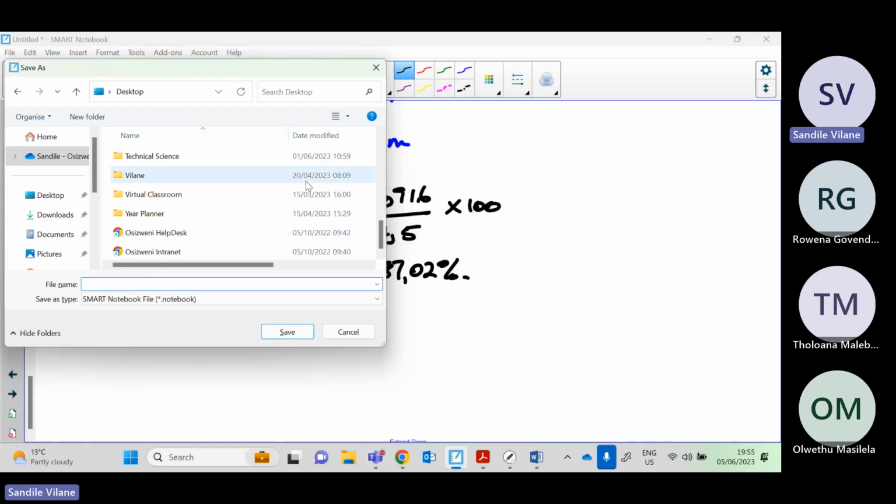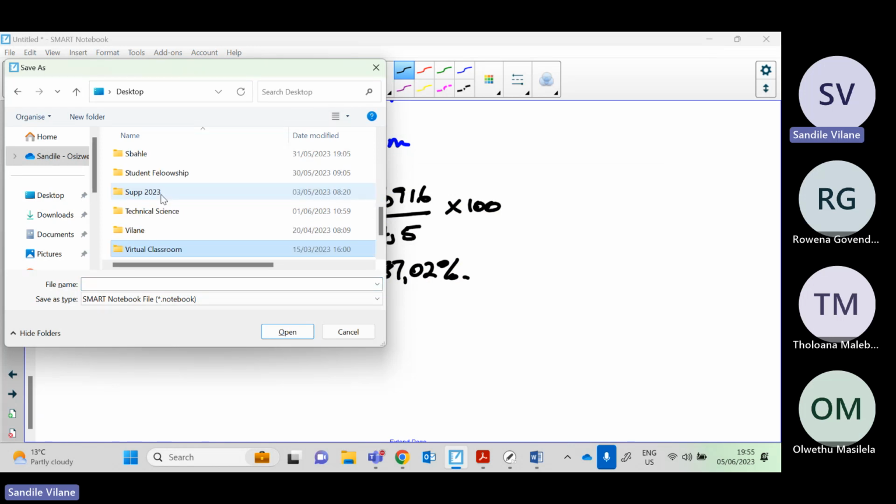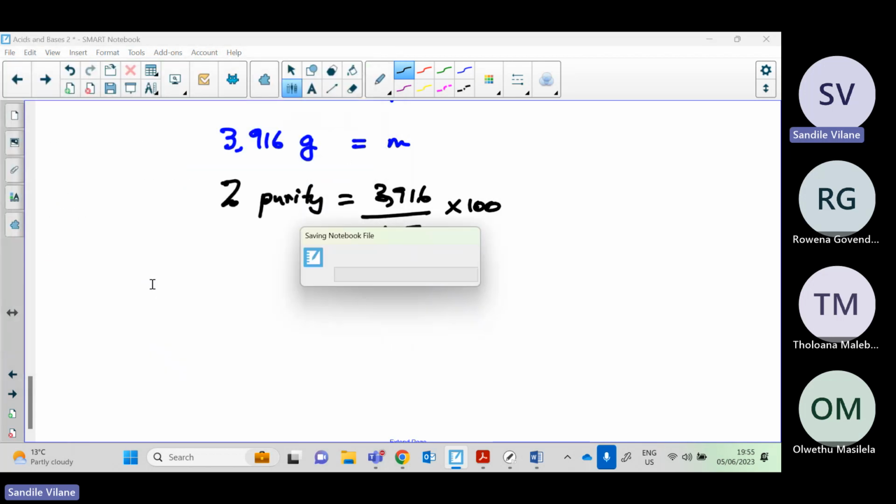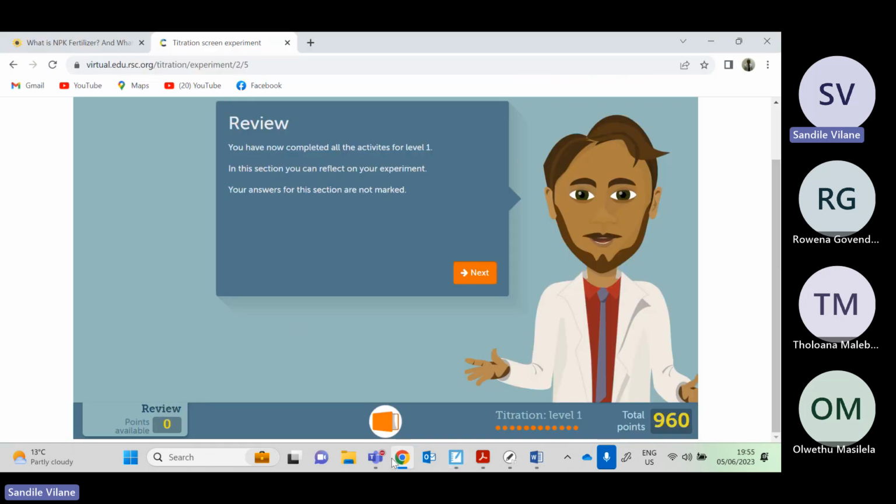I'm not sure when you joined, so I wouldn't expect you to have seen everything that we've been doing. But I'm going to share this so that should you guys be interested, you can always revisit this, and then you can always do your own titration experiment.